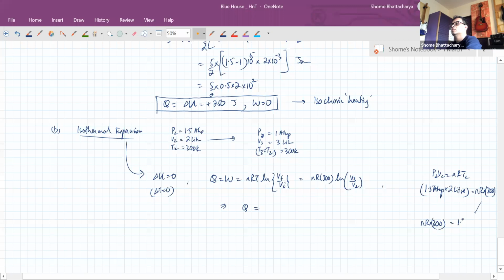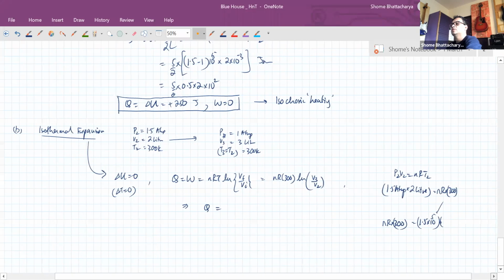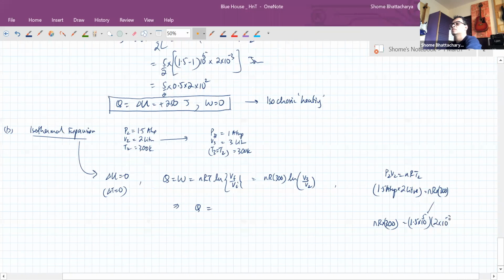So we can substitute nR into 300 as 1.5 into 10 raised power 5 multiplied with, in SI unit, that is, so this much in joules. So 300 joules. Yes, that's correct. Very good, Shekhar. You can substitute this here. And V3 was equal to 3 liters.